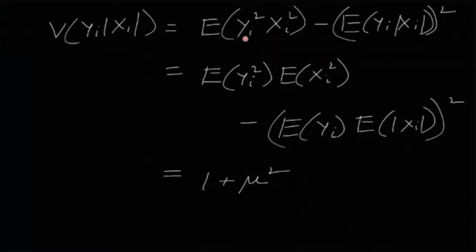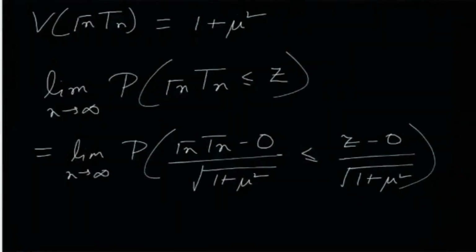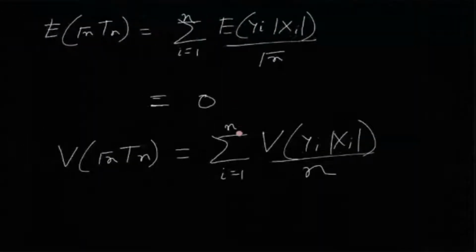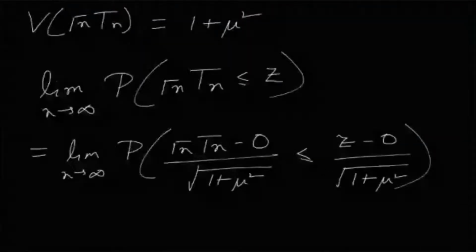Since Xi's and Yi's are independent, the expectation splits into product terms. From there, you can easily find that the variance of each term is 1 plus mu squared. Because there was a summation before that and division by n, ultimately the variance of root n into Tn is 1 plus mu squared.